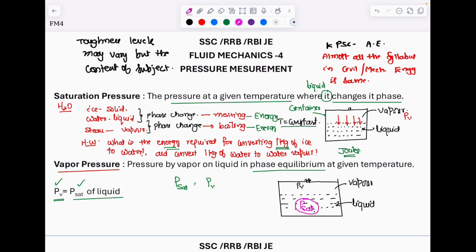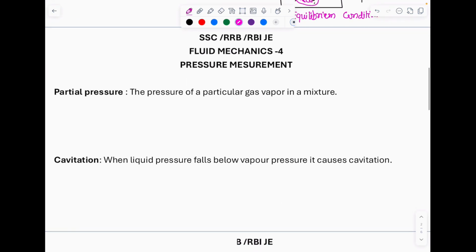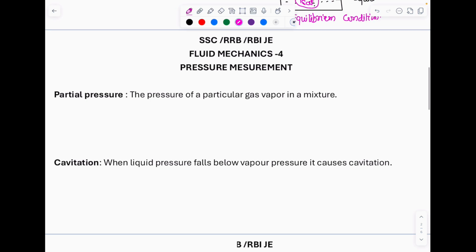Psat, the saturated pressure, refers to the liquid, and vapor pressure refers to the vapor. When PV is equal to Psat, it is called the equilibrium condition at the given temperature. I think you have understood these two definitions. These are very much required for further understanding. Next, we will go to the next definitions.